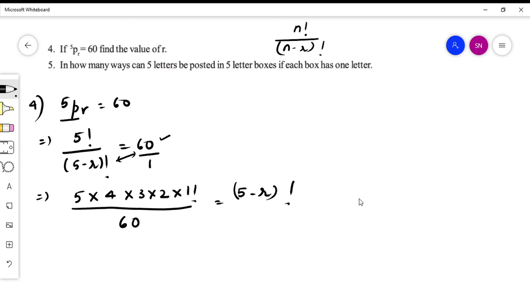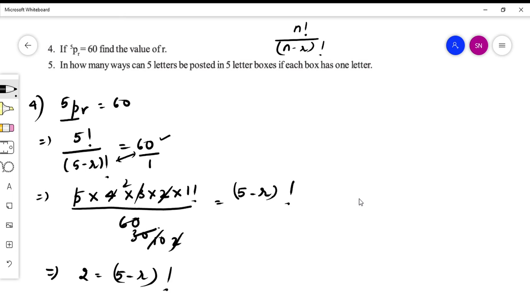I will start cancelling out the terms. After cancelling out the terms, 3 ones are 3, 5 ones are 5, 5 twos are 10, so I will get my RHS as 2 is equal to (5 minus r) factorial.